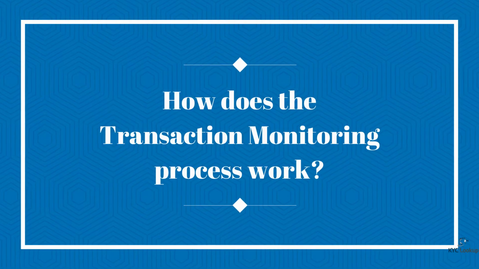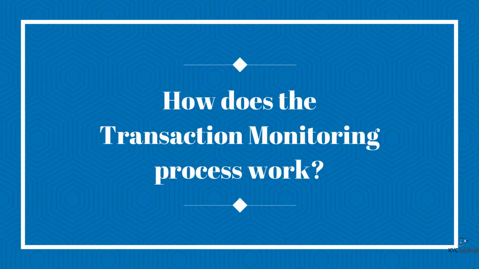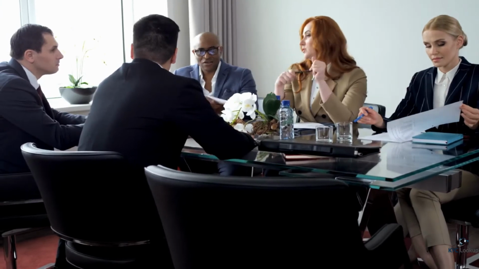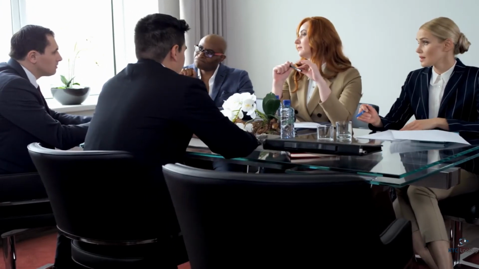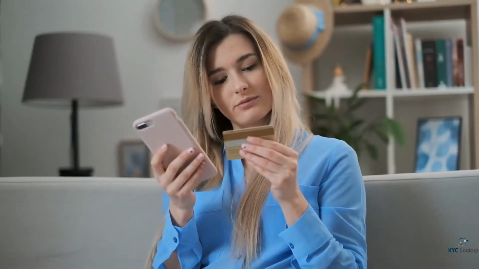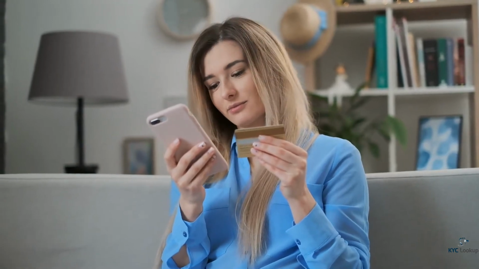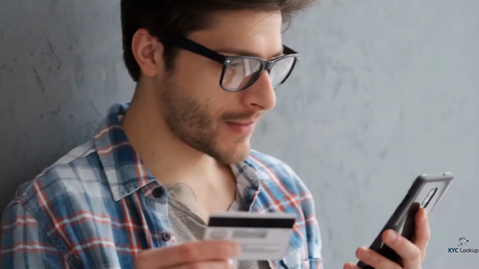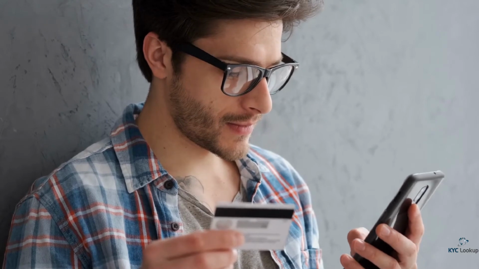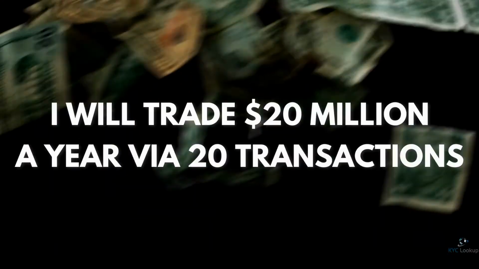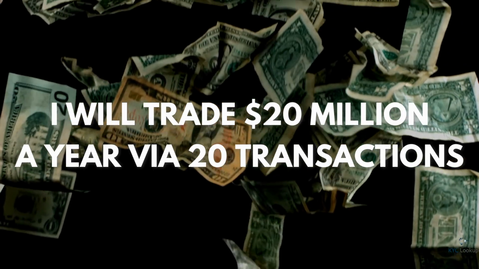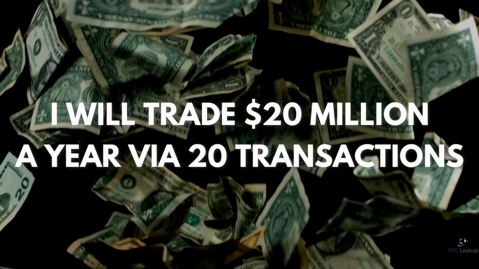How does the transaction monitoring process work? The process works by constantly reviewing the customer's transaction data, comparing what was expected at the time of initial onboarding versus what the actual numbers are. In simple terms, when an institutional client opens a trading account with a financial institution, they would say, "I would trade $20 million a year via 20 transactions.